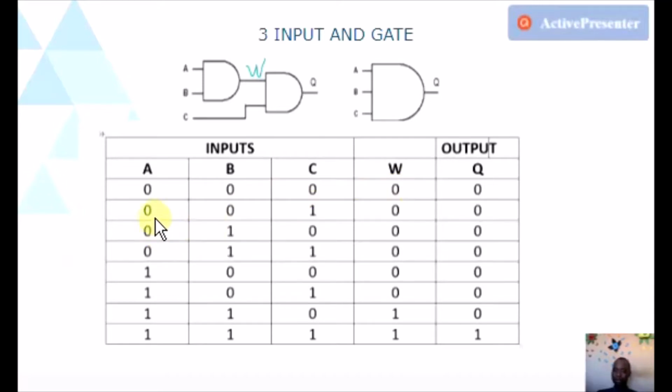Then 0 times 0 gives you 0 here. Then 0 times 1 gives you 0. Then 1 times 0 gives you 0. Then 1 times 1 gives you 1. Then 1 times 1 gives you 1. That's how we got this.